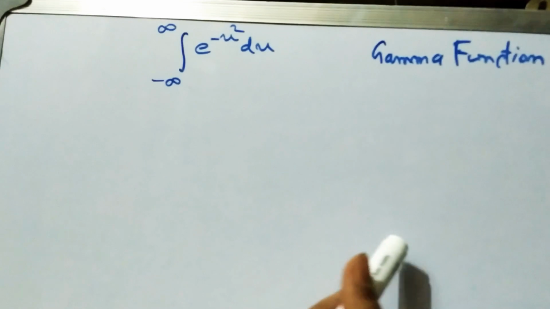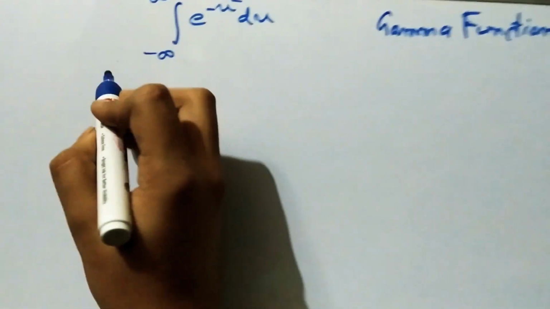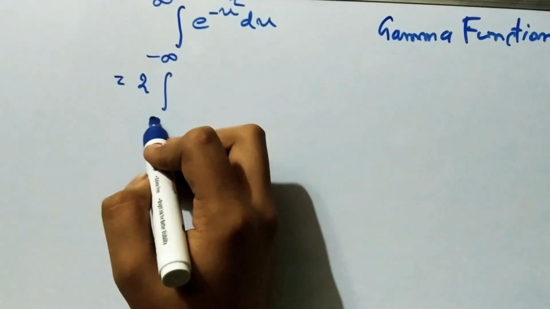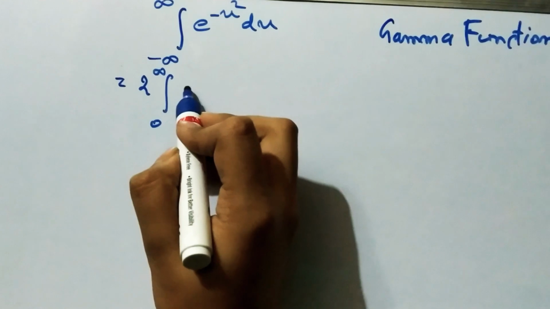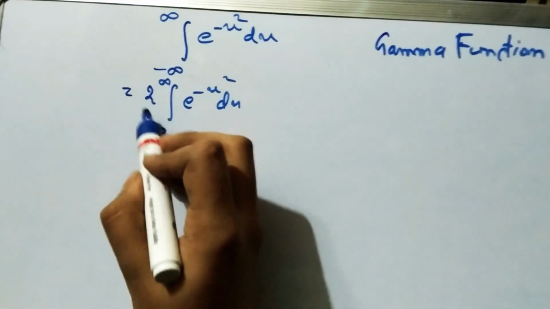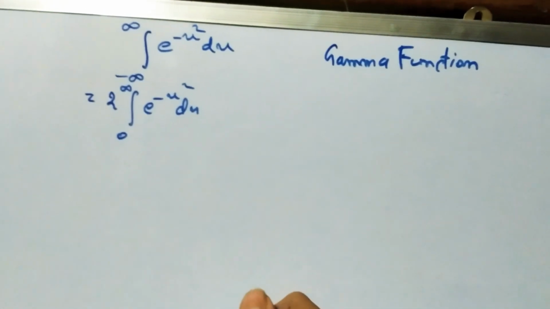So it has to be symmetric over x equals 0. So it's an even function. We can just change the limit from 0 to infinity, e to the power minus x squared dx, and multiply it by 2 because it is symmetric about x equals 0.